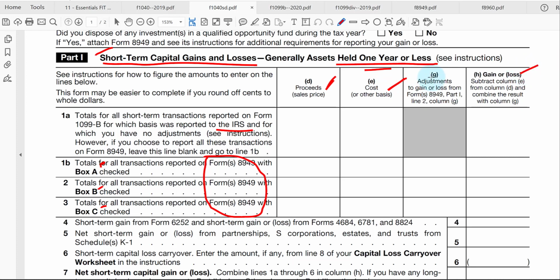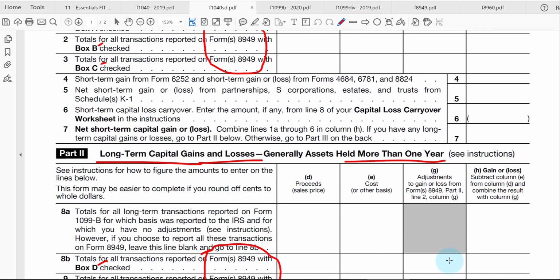And if there are no adjustments to be made to that cost basis or to the profit, like a wash sale adjustment or an exclusion for sale of your personal residence, then all we need to do is add up all the sales proceeds reported to the IRS, add up all the costs that were reported to the IRS, and just plug the totals here for short term and for long term. And you can forget about the other blanks here probably on this Schedule D.